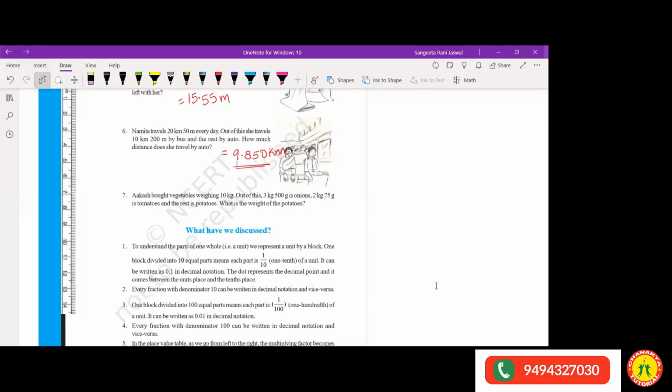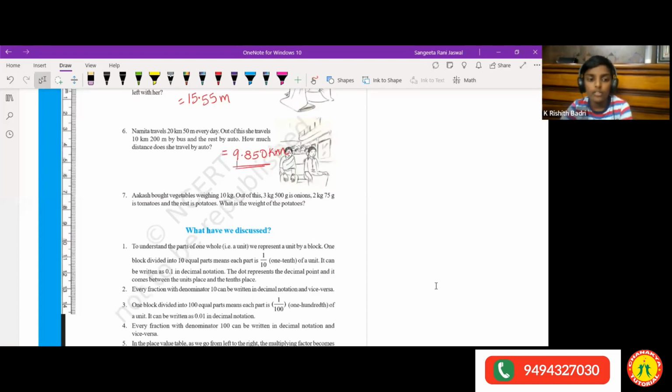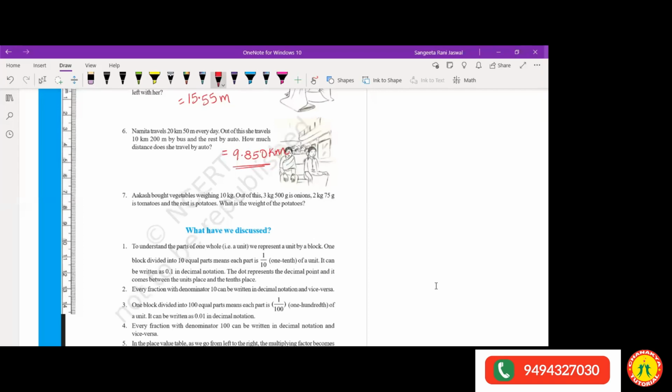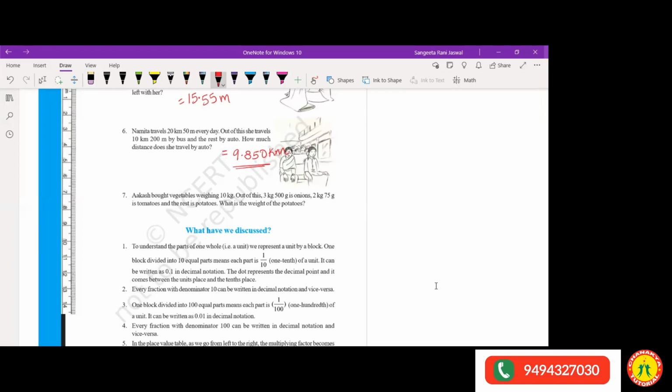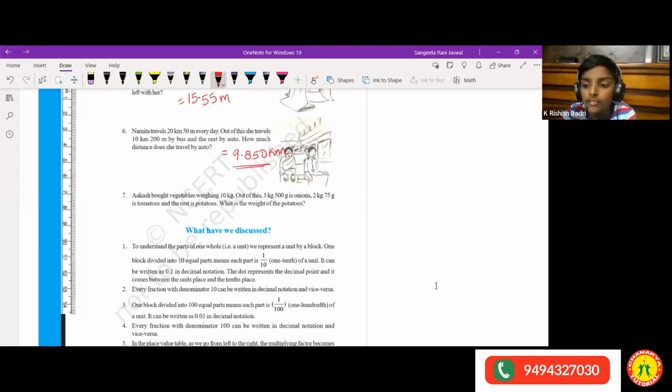Ma'am, the first statement will be: Akash bought vegetables weighing is equal to 10 kg. That's the total weight of the vegetables. And the weight of the onions is equal to 3 kg 500 grams, that is 3.5 kg.